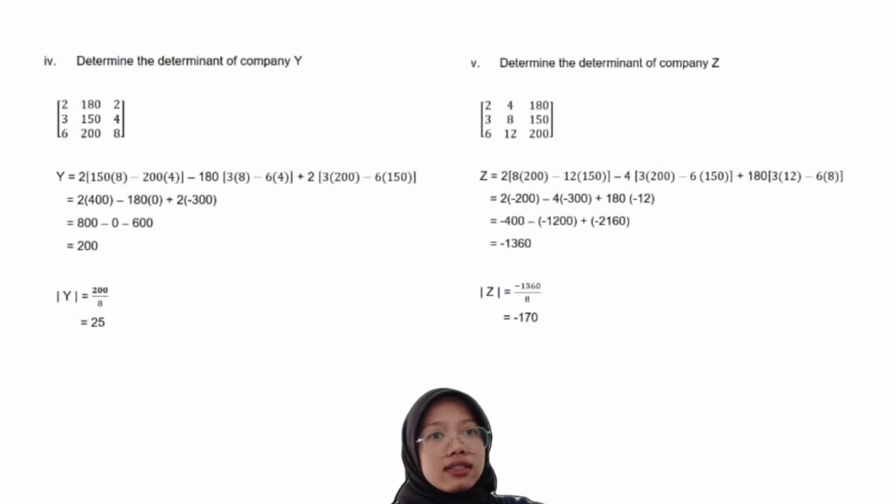After that, we need to find Z. The determinant of Z is divided by the determinant of the matrix. So negative 1360 divided by 8, we get the answer negative 170. So that is the answer for Z.